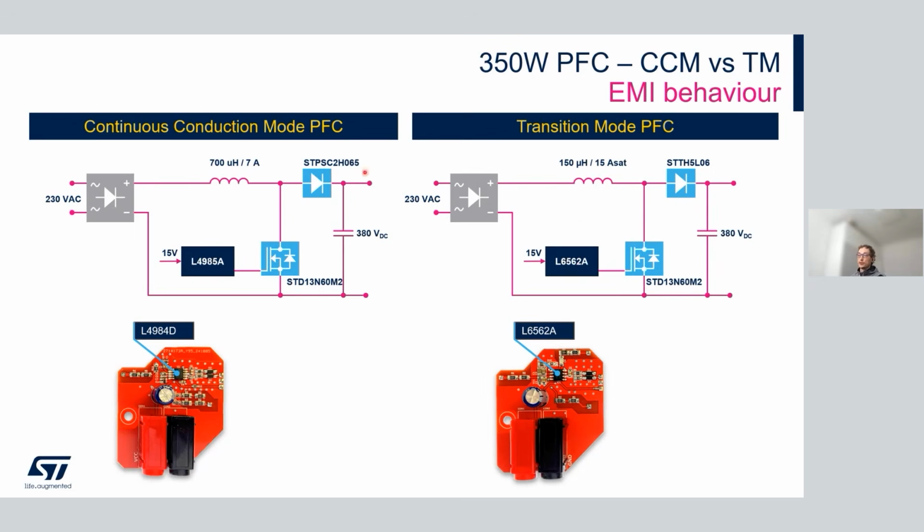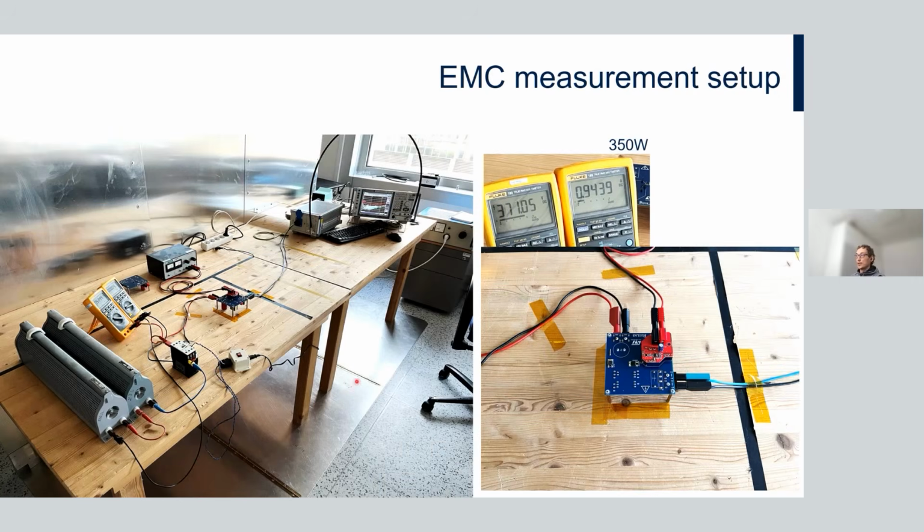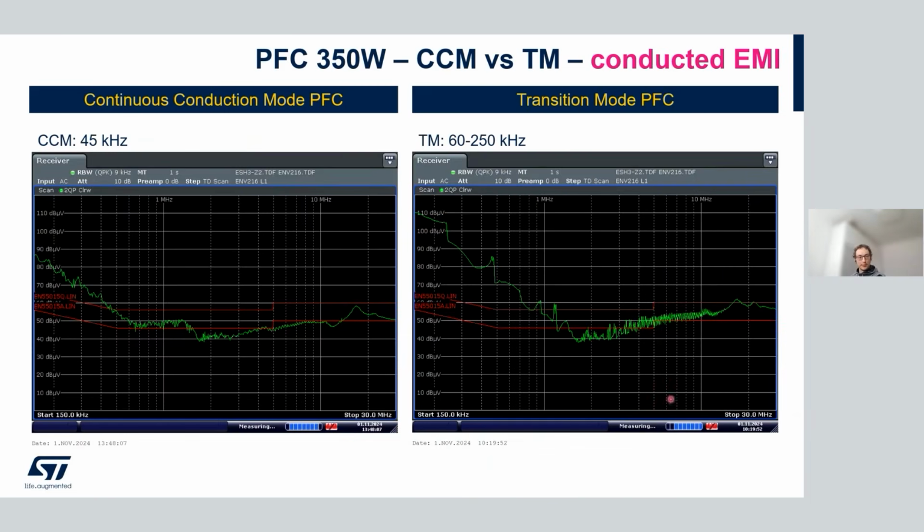You see the schematic is the same, but there are slight differences in components. So for continuous conduction mode, we are using a silicon carbide diode. For a transition mode, there is the ultra fast diode. And this is the measurement setup we use. So it's conducted EMI. It's quite standard setup. Always we try to keep the same position to have the relevant results.